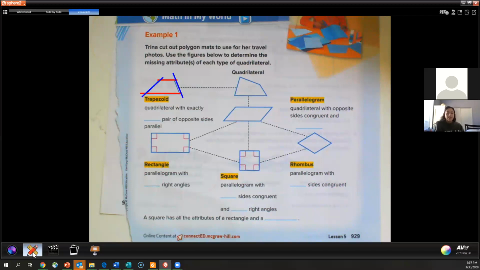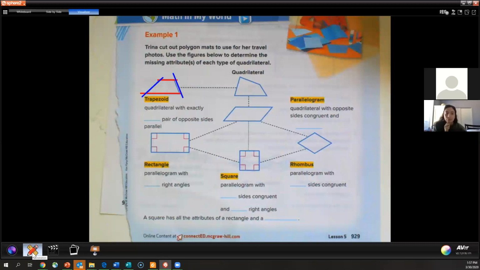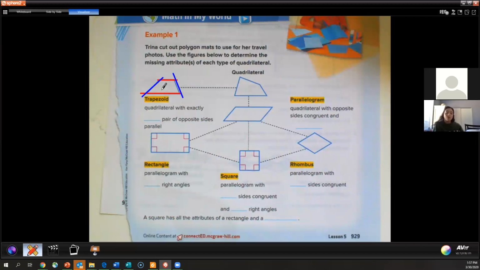Yep. All right. So boys and girls, we want to take a look at the 2 opposite sides that Mr. Yates highlighted for us. So looking at this one, it says, how many pairs of opposite sides parallel? Now, if you remember and think back to yesterday's lesson, parallel means that this pair of opposite sides will not intersect with each other.